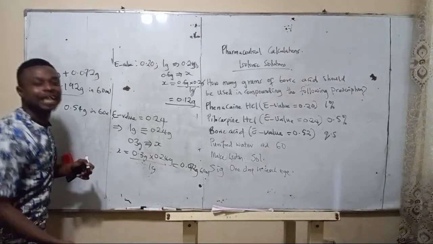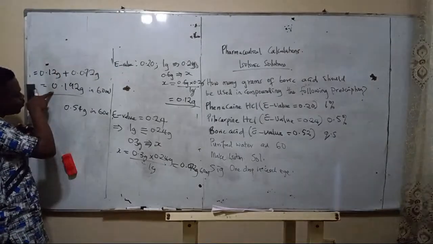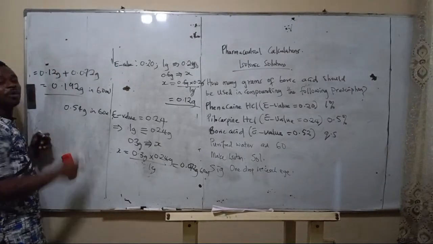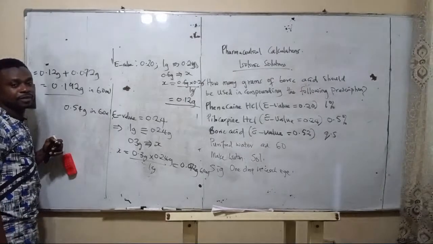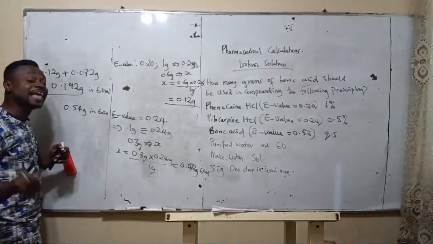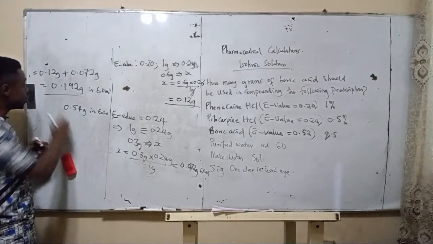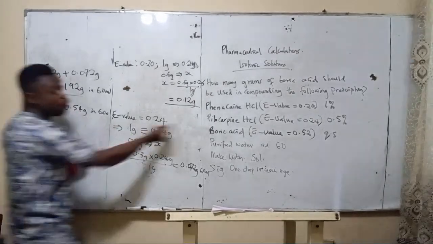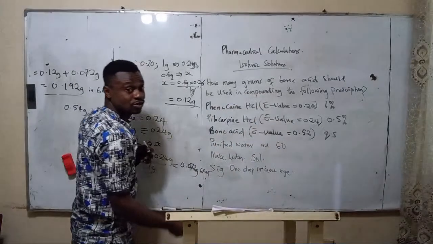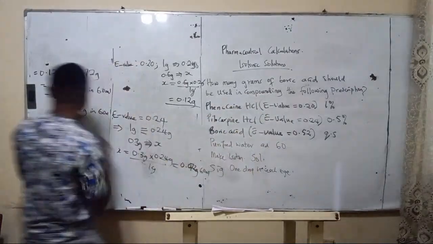And how do we do that? We simply subtract 0.192 from 0.54 gram, and that will give all the extra sodium chloride we need to add. Remember how we got this 0.192? We moved these two to sodium chloride and got this.